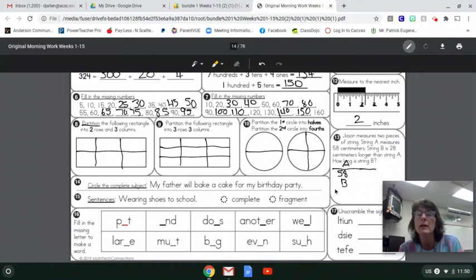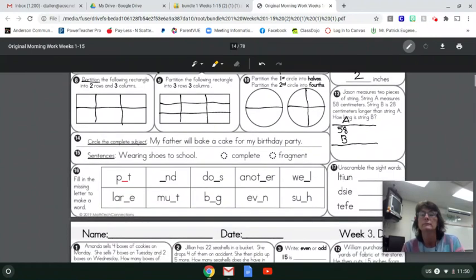String B is longer than A, so I'm going to make it the 58. And then I'm going to go even farther. How much longer is it? It is 28. And remember, I'm circling my numbers so I can keep track of them where they are.